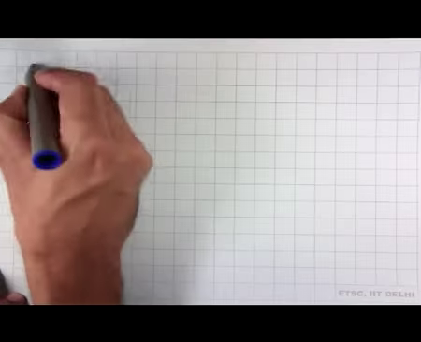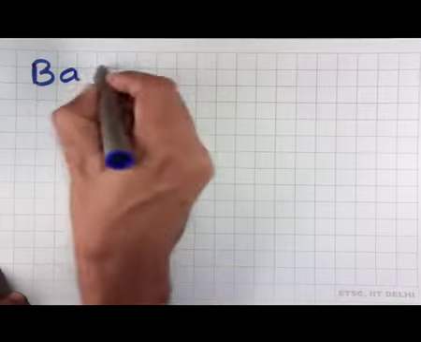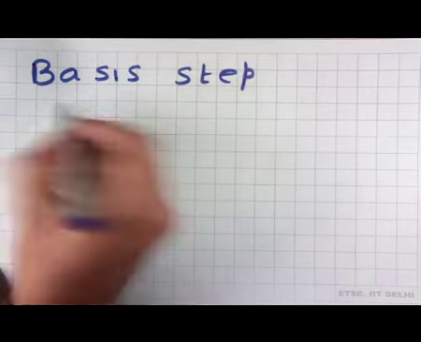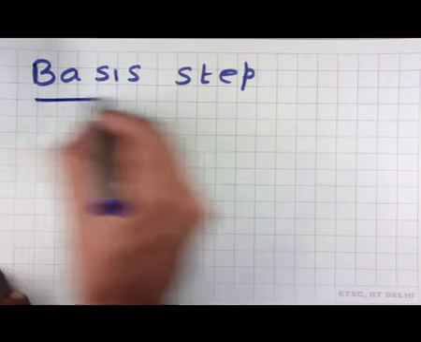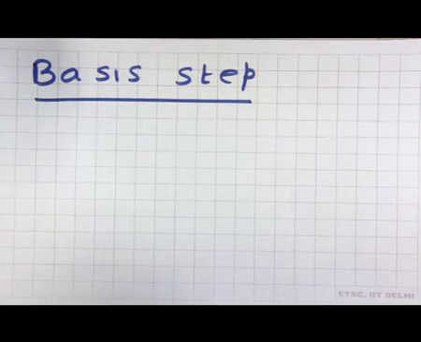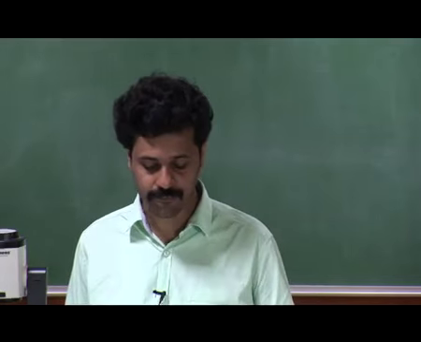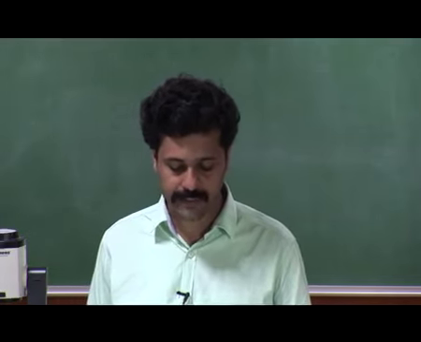The first step, the basis step, is to verify that the given assertion is true for n is equal to 0, because we want to prove the statement for all non-negative integer.